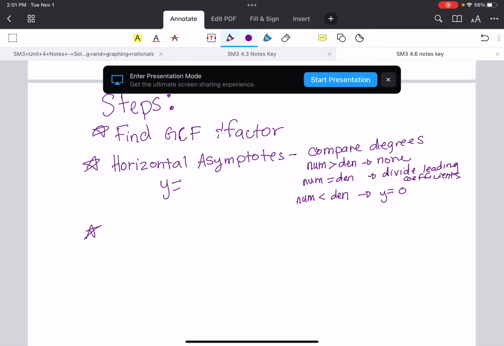Next are discontinuities. There are two kinds.